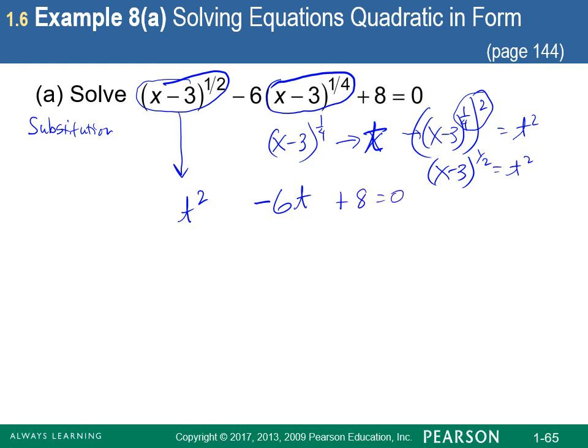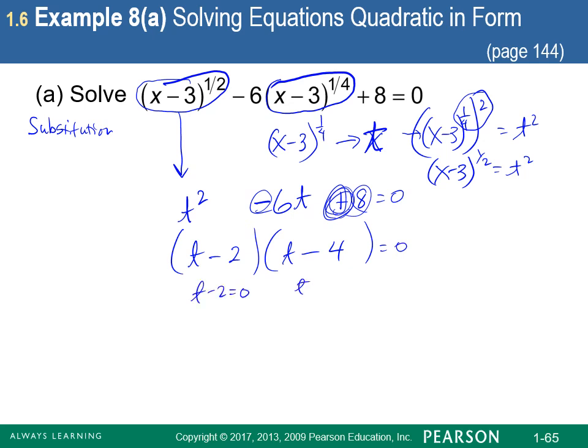Now I can solve that. In fact, I'm pretty sure that that factors: two things that multiply to give an 8 and add to give a 6, 2 and 4, same sign, negative on both. t minus 2 equals 0, t minus 4 equals 0, t equals 2, and t equals 4.